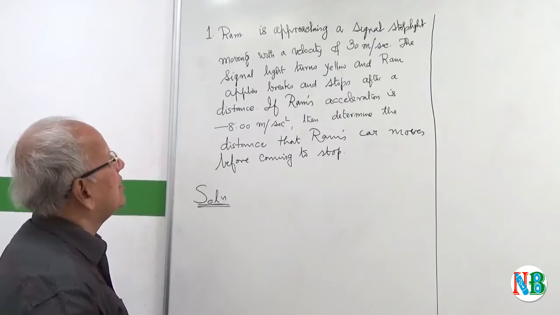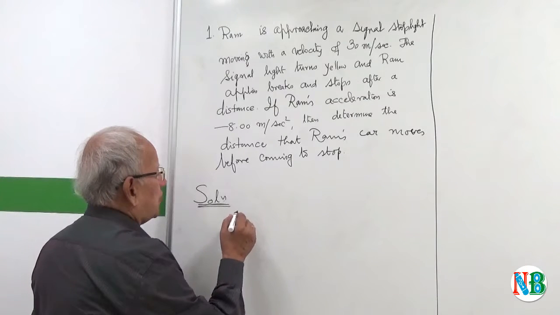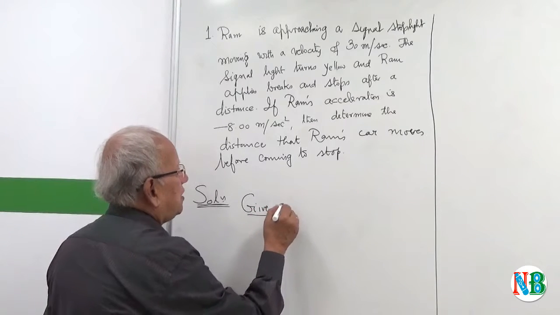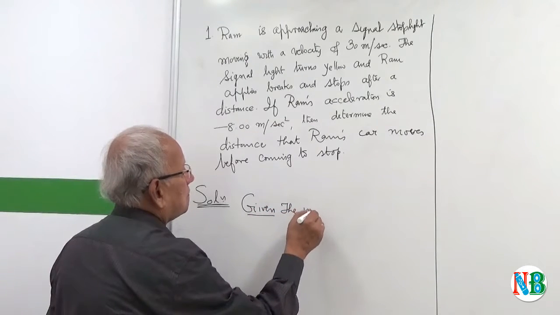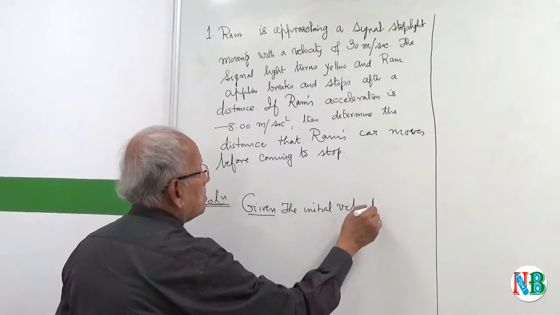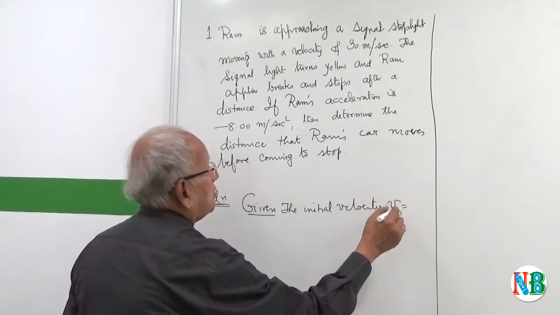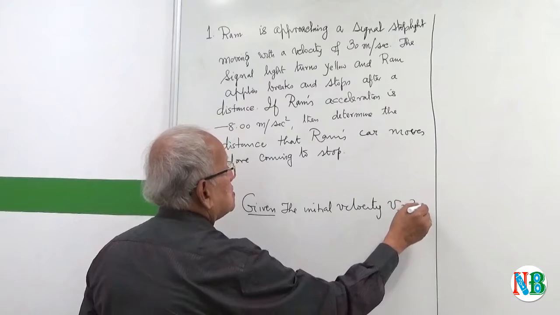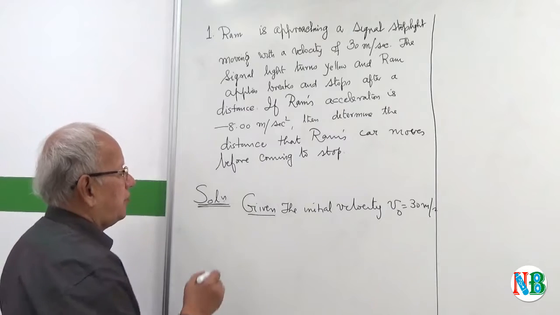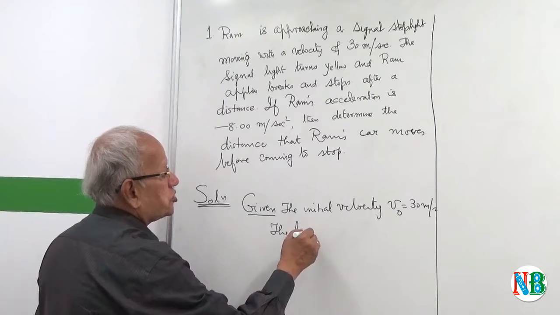Right. So let me start this. We are given the initial velocity, V naught, equal to 30 meters per second, and the final velocity. It comes to a stop, isn't it?